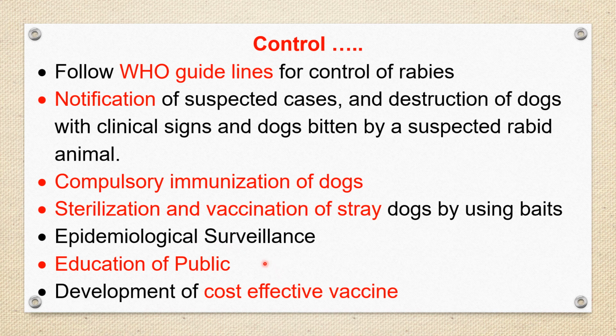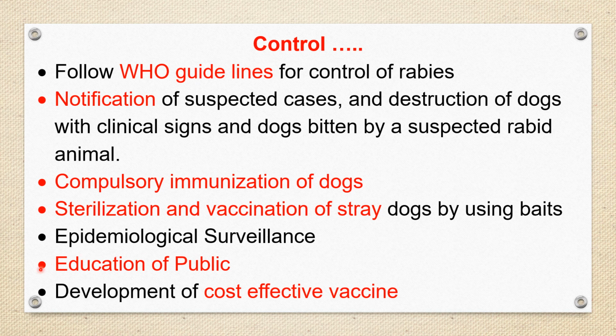Education of the public regarding rabies is very important, because public awareness brings down the incidence to a great extent. The public must know how it is spread, how the disease occurs, and what should be done immediately, and all this facility must be available at the doorstep or nearby.